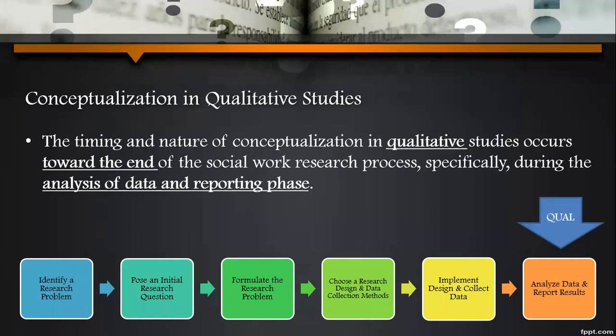Here's another visual map that helps to understand the timing of conceptualization. The timing and nature of conceptualization in qualitative studies occurs toward the end of the social work research process, specifically during analysis of data and reporting.